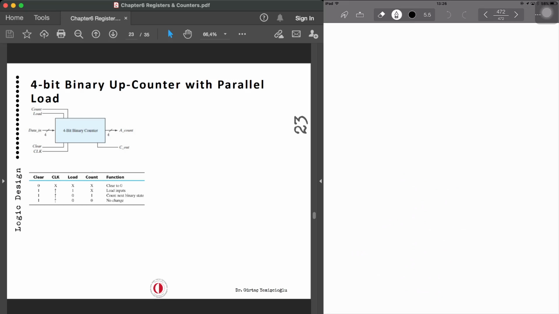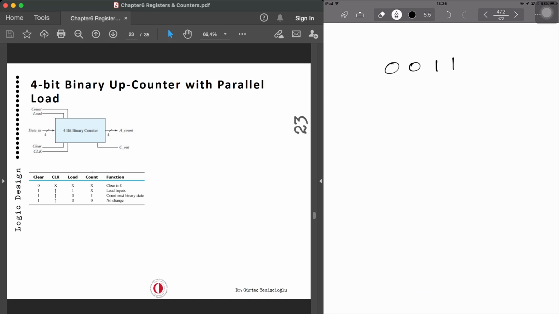Again, on the rising edge, load is 0, and the count is 0, then no change. We hold wherever. So, for example, we load in clear everything, the outputs are 0, then the clear is 1, then the clock rising edge, load is 1, I load, let's say 0, 0, 1, 1.